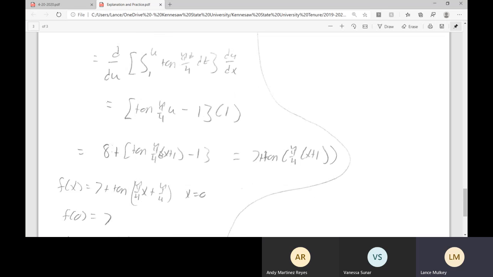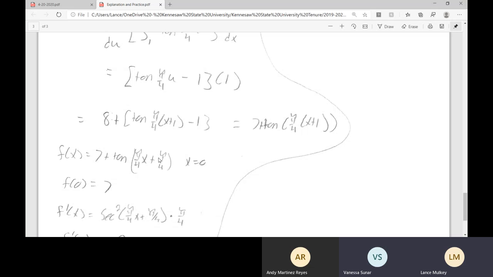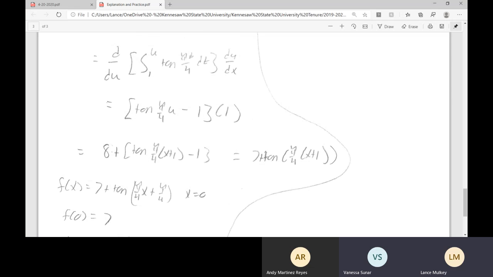And so you get 8 plus this equation right here, because when you did the definite integral, you get that. And I distributed. How did you get the 13? Oh, that's minus 1. Yeah, okay, sorry. No, you're fine.